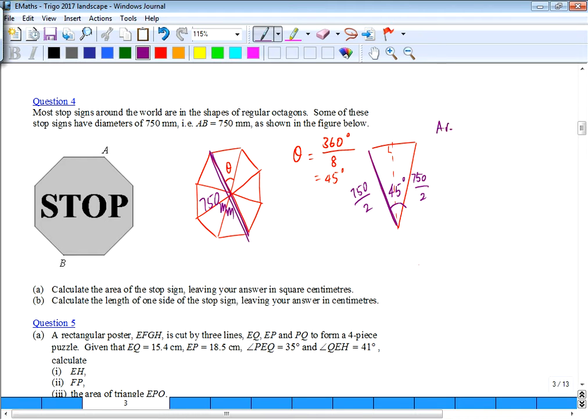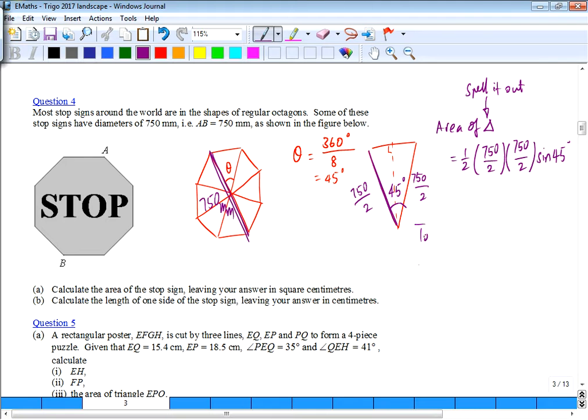So area of triangle, you need to spell it out. I use shortcut, but you need to spell it out. Area of triangle is equal to half times 750 over 2 times 750 over 2 sine 45 degrees. That is the area for one triangle. Then you need to multiply it by 8.